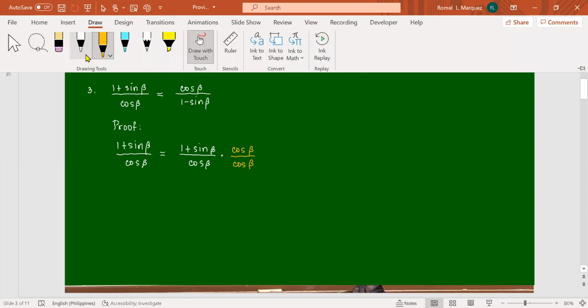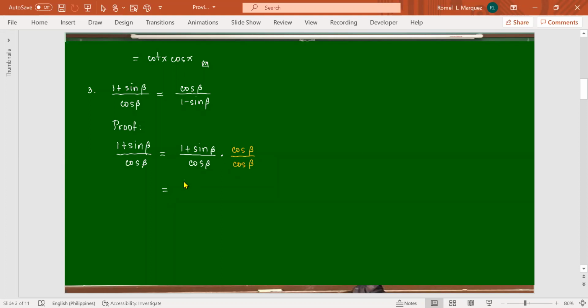So this is now equal to what? Let's multiply 1 plus sine beta times cosine beta, and the denominator is equal to what? Cosine squared beta, right?